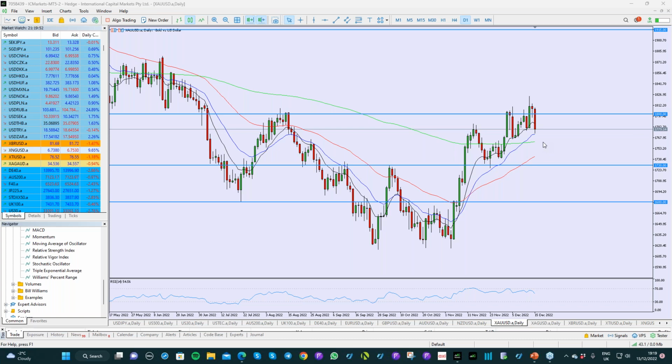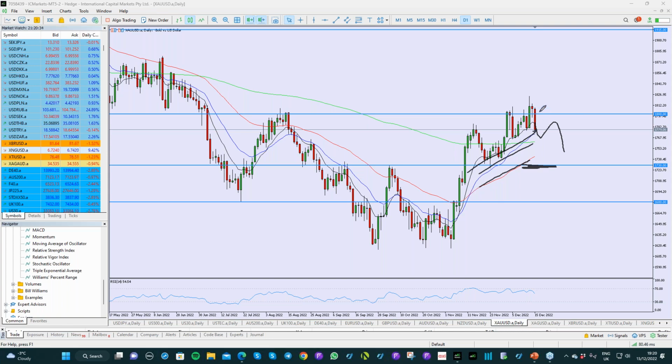Now, that's only talking about buying gold, really. If I were to change my bias and want to trade short on gold, what I would need to see, in all honesty, is a break of this level down here, because price could trend down on the daily time frame, but these moving averages here, the 10 moving average, the 20 moving average, and the 50 moving average, they're all pointing upwards in support of that uptrend.